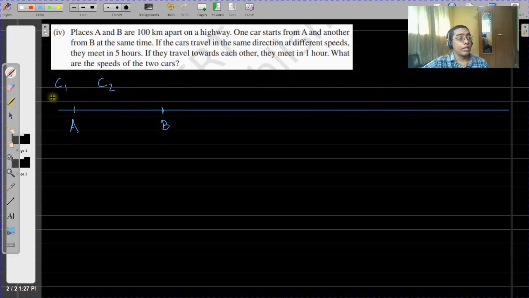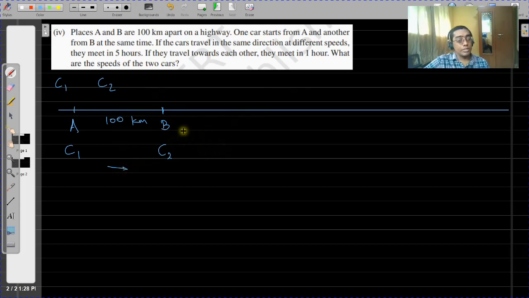Now the distance between A and B is 100 kilometers. It's given here, 100 kilometers. Now C1, the first car, starts from A and the second car starts from B. Now they are going to travel in the same direction towards the right.